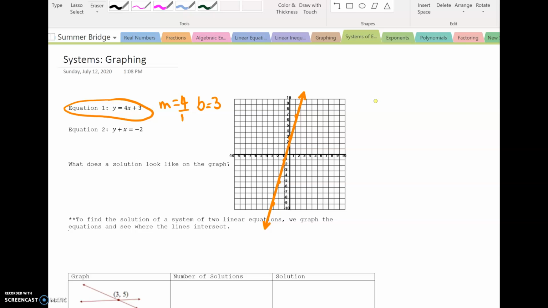Now I'm going to graph the next equation in green. But this one is not in slope-intercept form, so I'm going to put it there by subtracting x on both sides. So I'm going to have y is equal to negative x minus 2, which means m is going to be negative 1/1, and b is going to be negative 2.